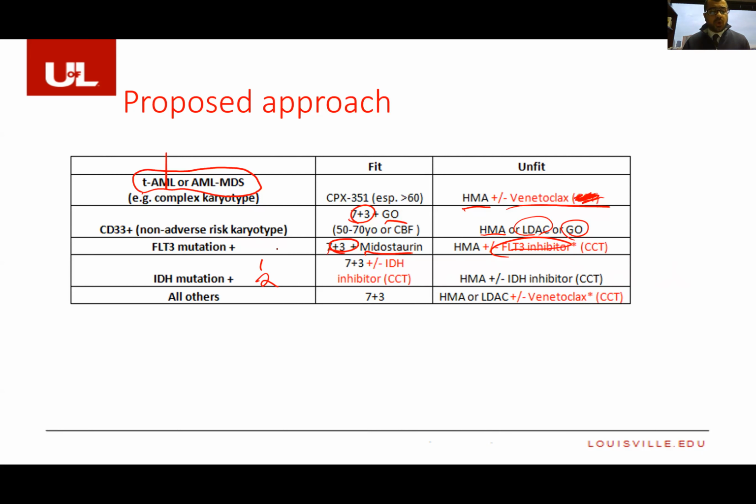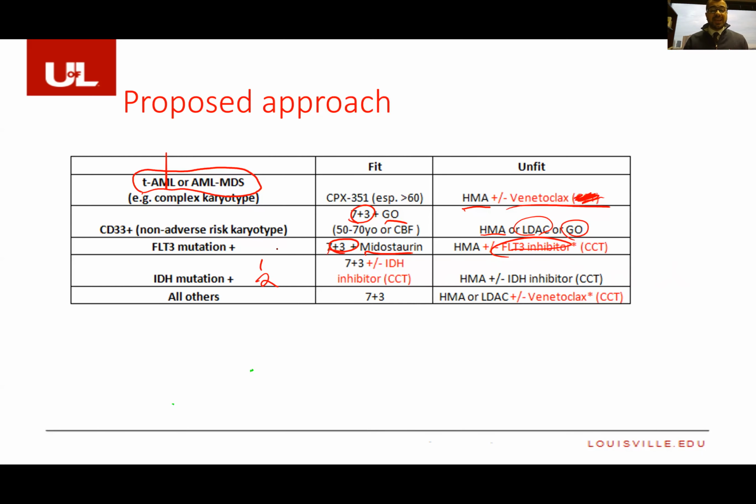And for the IDH1 mutation, there is an approved drug, which is not approved for first line. It's approved in relapse refractory currently. Bear in mind, IDH inhibitors, in my mind, are for clinical trials in the front line. It is approved as a single agent in the second line for relapse refractory.